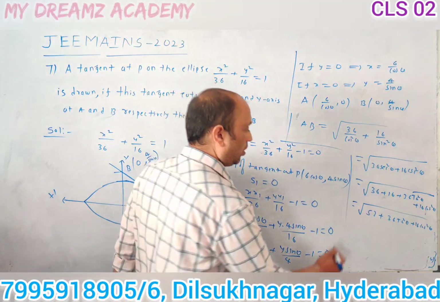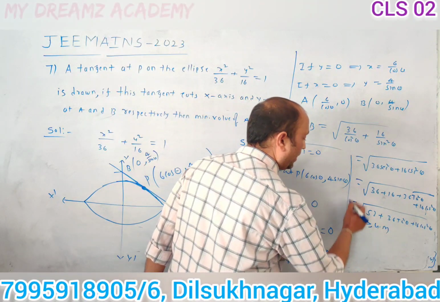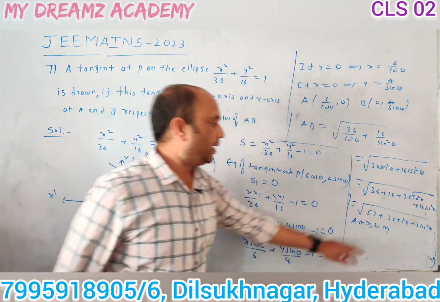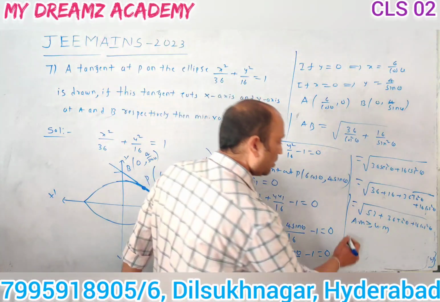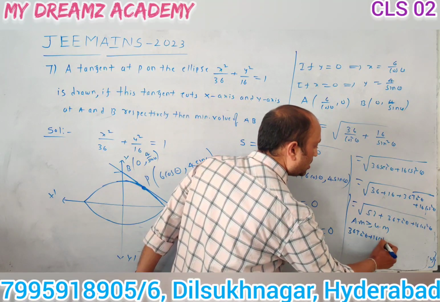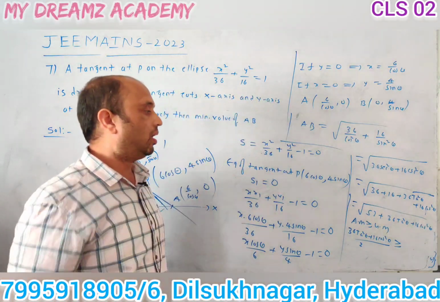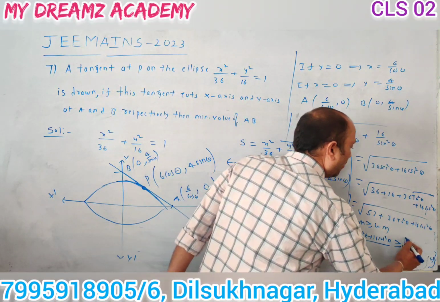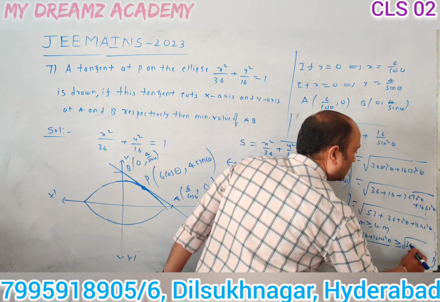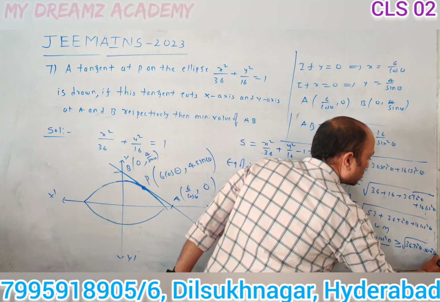Here we already know that the arithmetic mean is greater than or equal to the geometrical mean. So the arithmetic mean, 36 tan square theta plus 16 cot square theta by 2, is greater than or equal to the geometrical mean, under root of 36 tan square theta into 16 cot square theta.